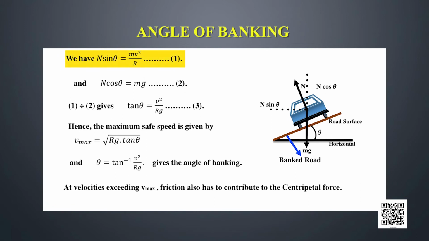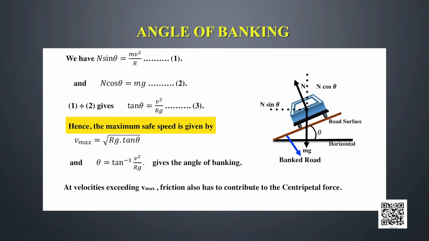So, we can write N sin theta equal to mv square over r, and N cos theta equal to the weight mg. Equation 1 divided by 2 leads us to tan theta equal to v square over rg.